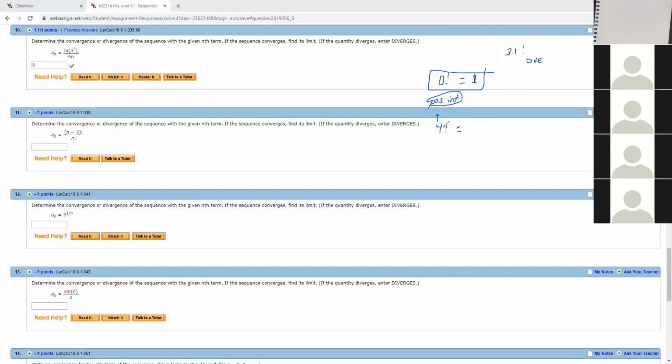Anyway, what's the definition of 4 factorial or any positive integer factorial? There are 2 ways to write it. Authors tend to write it this way: you start with 1, multiply it times 2 times 3, and stop once you get to this number. Once you get there, that's when you stop. And then we could multiply it out if we wanted to, and that would be 24.